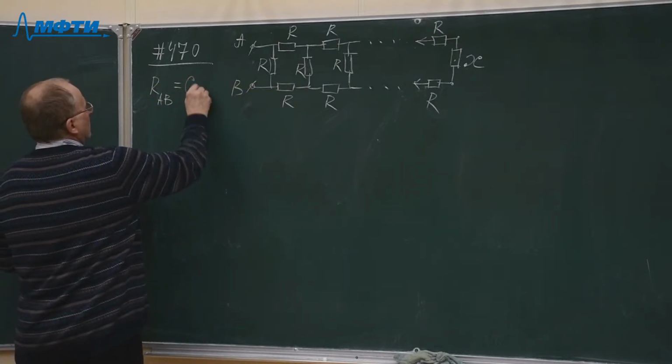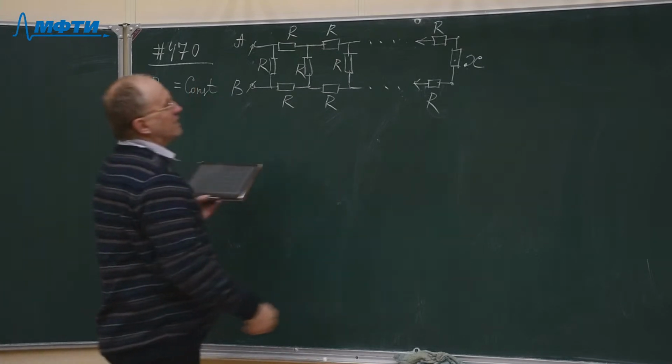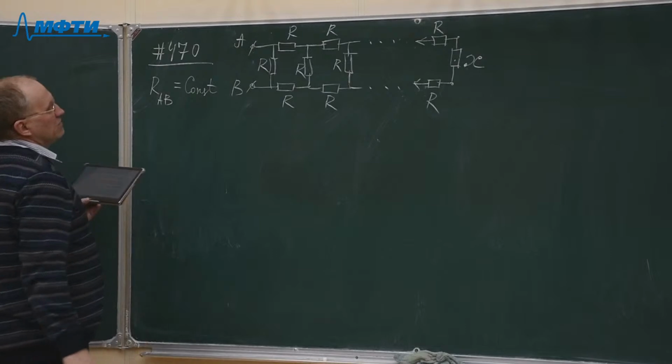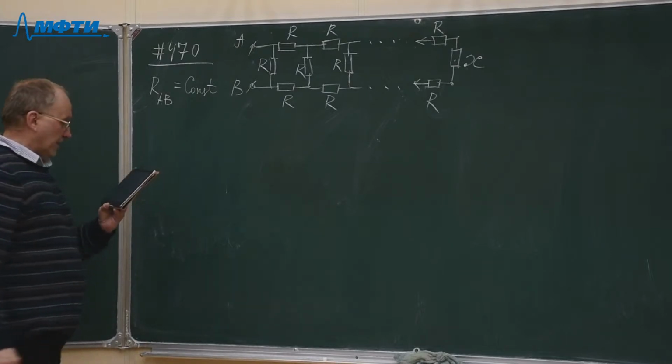So it's constant. We can connect another cell here, and the resistance between points A and B will not change.